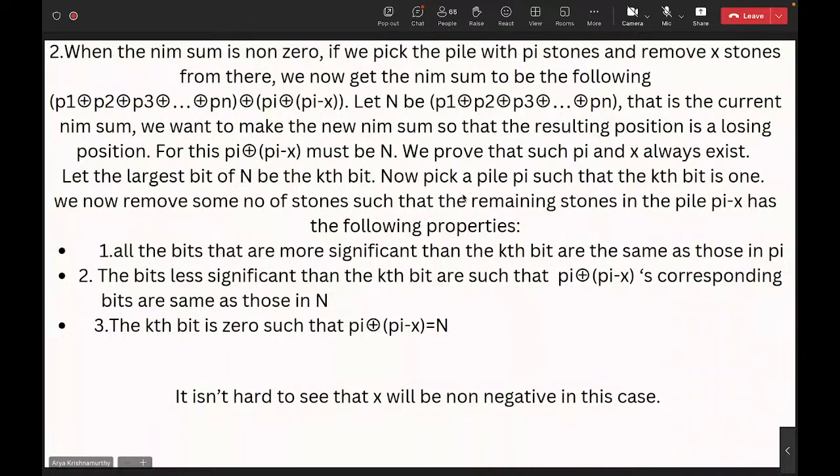So I've told you that all the bits to the left of the kth bit are not going to be removed. They're going to stay as they are in pi minus x as well. And we are going to remove the kth bit.